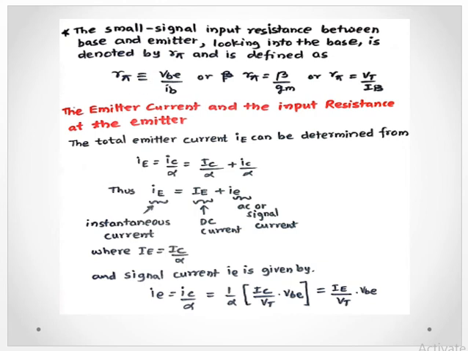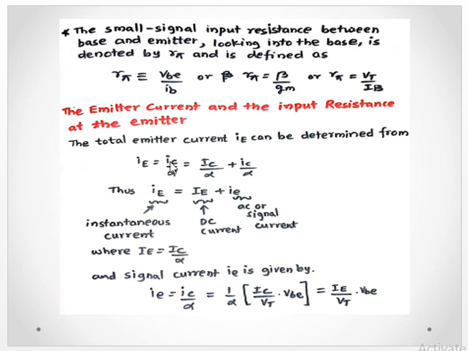Next we discuss the emitter current and the input resistance at the emitter. The total emitter current iE can be determined from iE equals iC by alpha. Here the notation is instantaneous current, DC bias current and a signal current. So iE is the instantaneous current, which is the DC bias current IE plus the AC or signal current ie.